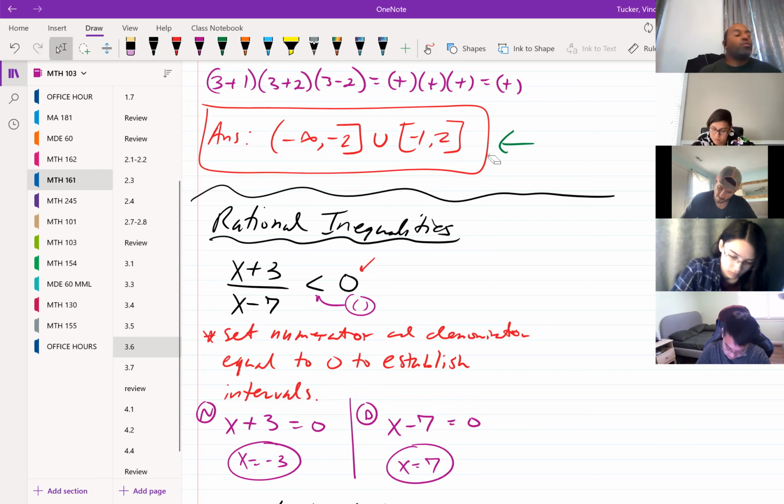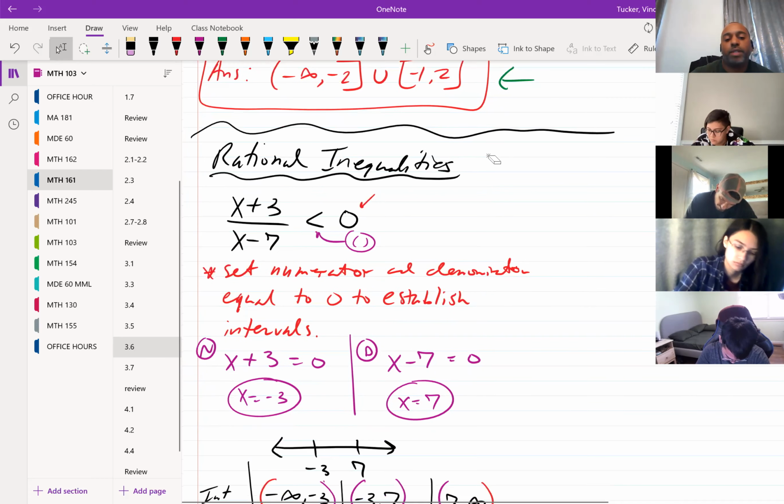Setting the numerator equal to 0 gives us -3. Setting our denominator equal to 0 gives us 7. And that's how we will establish our intervals this time.